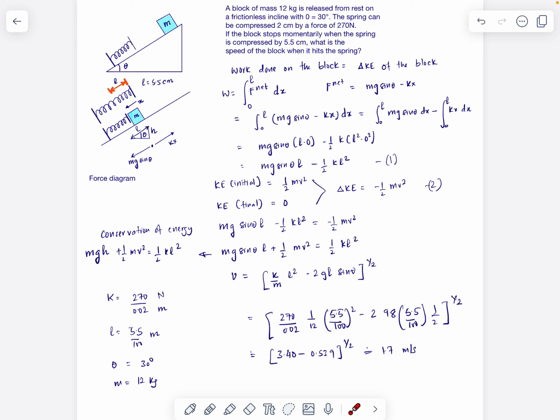So both these approaches are equivalent. So this problem illustrates not only how inclined plane problems can be solved, but also how different approaches can be used to solve the same problem. And I hope this will give you an insight into solving such problems in the future. Thank you.